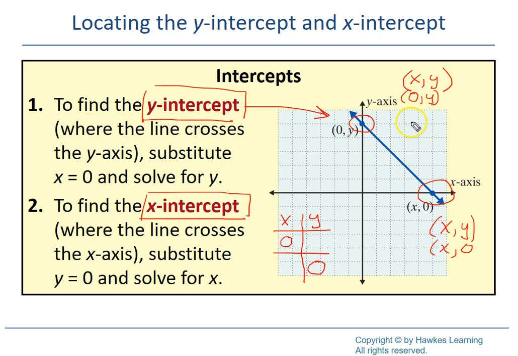and let me also mention that the ordered pair sometimes can be written A, comma B, still an ordered pair, X, Y, A, B, that the A would be the x-intercept and the B would be the y-intercept.